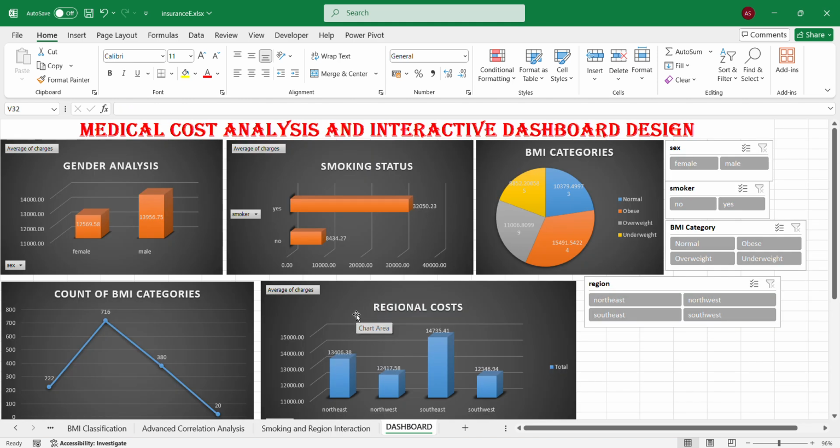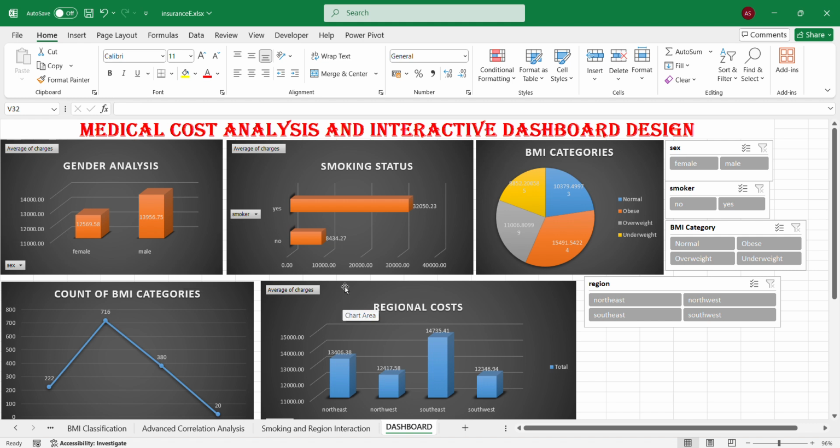Let's move forward to the dashboard, which has four slicers, including region, BMI category, smoker (no or yes), and the sex, male or female. There is a gender analysis of male and female: male has more charges as compared to female.